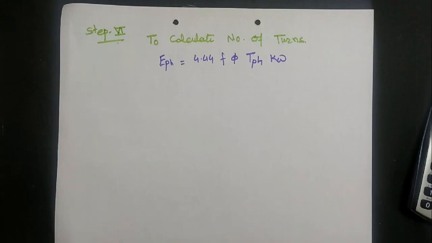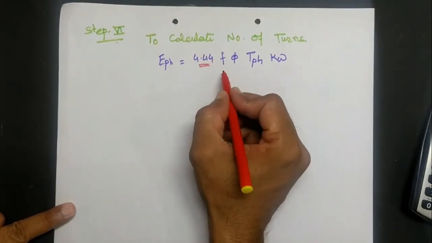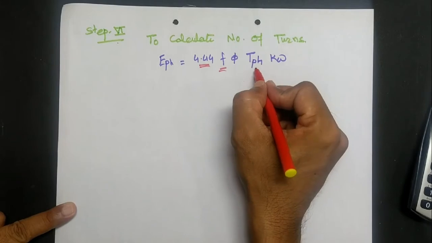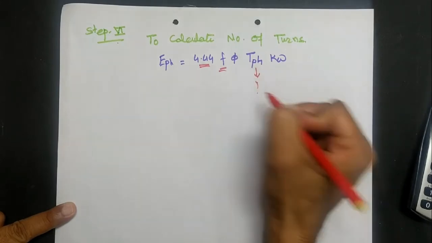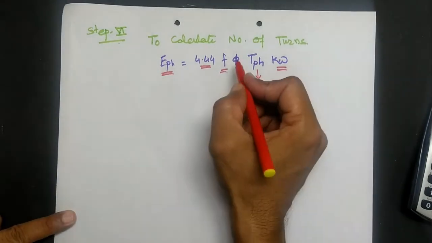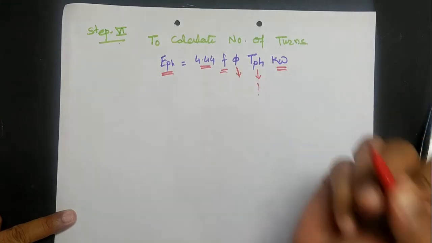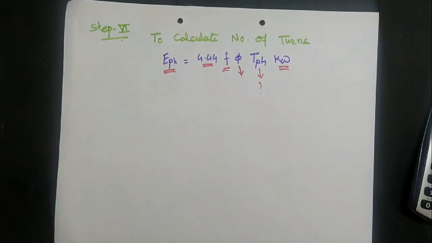So per phase voltage we can easily calculate. But if you observe in this equation, we have 4.44, frequency is 50 Hz, turns per phase we need to find out, kW is given, E phase is also known, flux is not known, flux we have to find out. So before we apply this equation for calculating turns per phase, we have to find out flux.